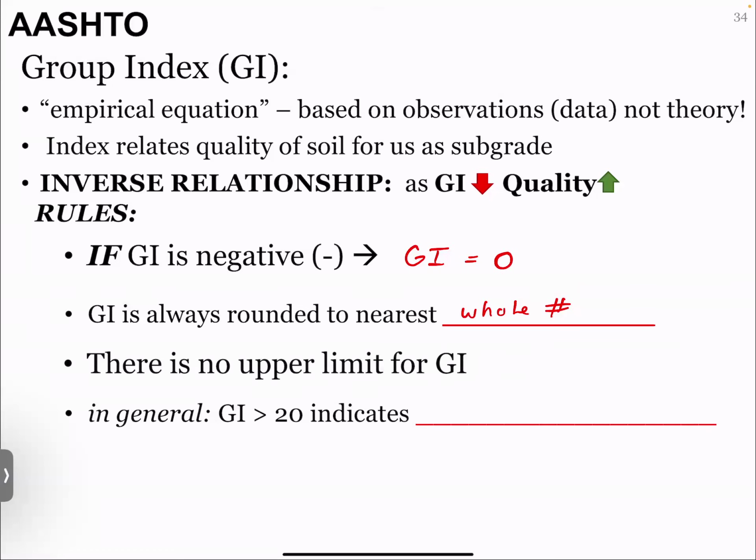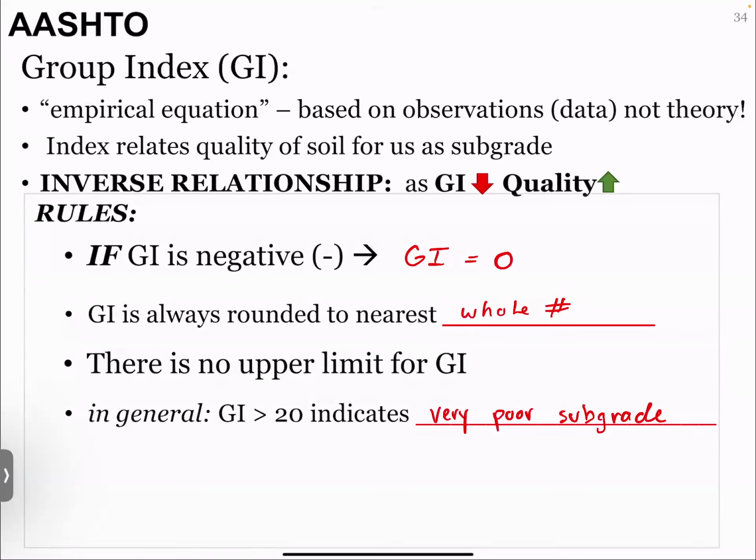There's technically no upper limit for GI. 0 is the best, and then we keep going up. Also, as a general rule of thumb, though some jurisdictions will say differently, if you have a group index greater than 20, this indicates a very poor subgrade.